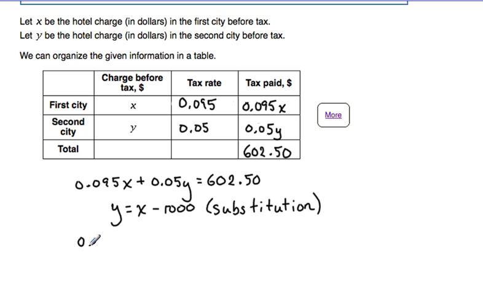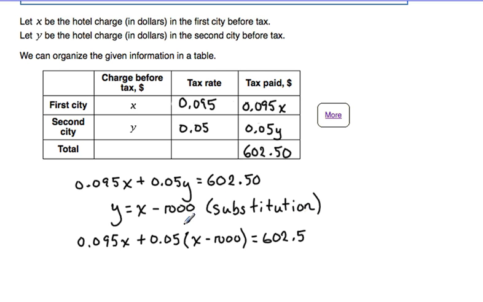We'll rewrite 0.095x plus, notice that y is being multiplied by 0.05, so we'll write 0.05 and put parentheses, because instead of y, we're going to write x minus 1,000. And we know that whole thing is equal to $602.50.